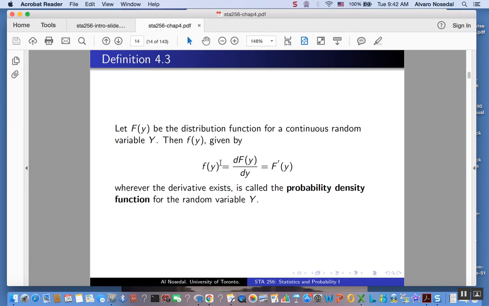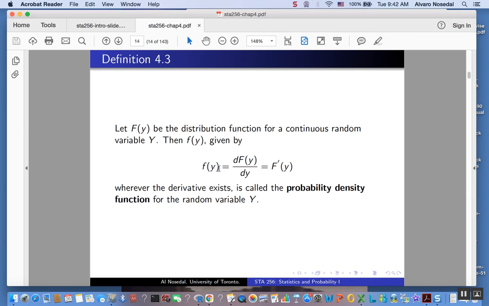To obtain the PDF of a continuous random variable, all you have to do is take the derivative of the cumulative distribution function with respect to y.